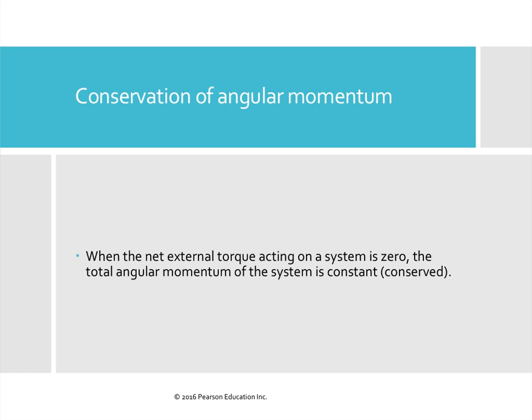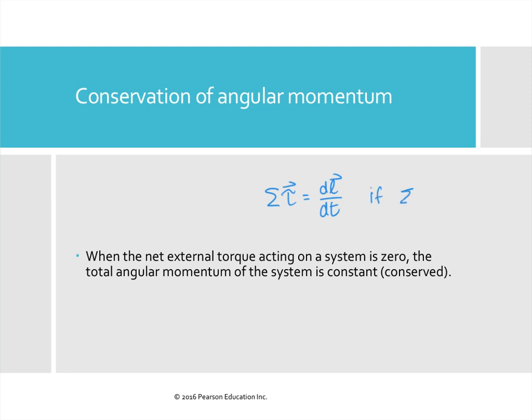So, just like we had conservation of momentum, we have conservation of angular momentum. Just reminding you that we said net torque gives you some time rate change of angular momentum.